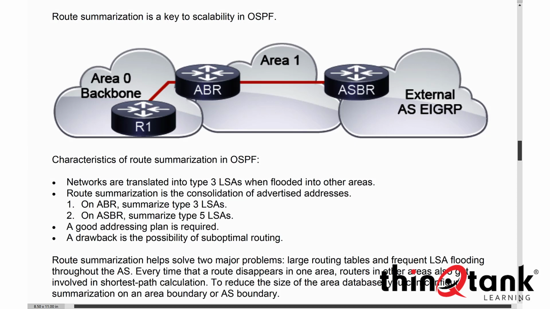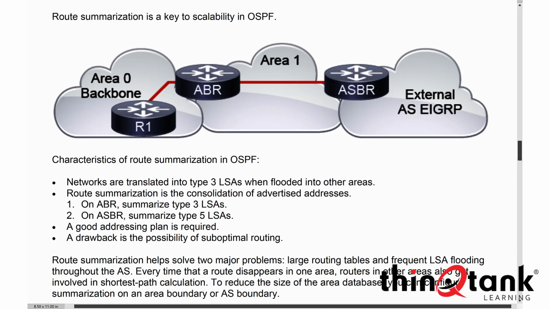If you don't have contiguous address space, it becomes practically impossible to gain the benefit of summarization, because you can't summarize to very large boundaries or you can't summarize at all. So it may require some readdressing in your network or some pre-planning if you're implementing a greenfield environment to make sure that you have that appropriate address space configured.